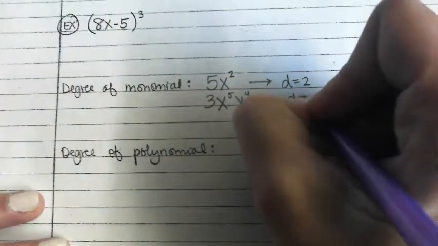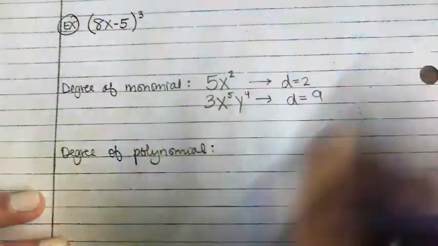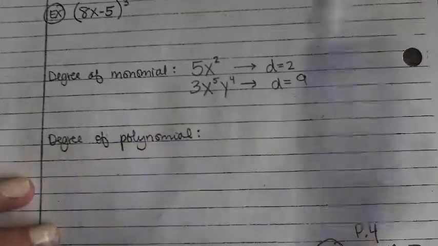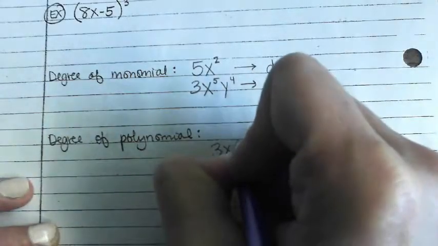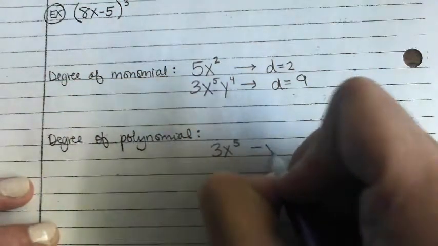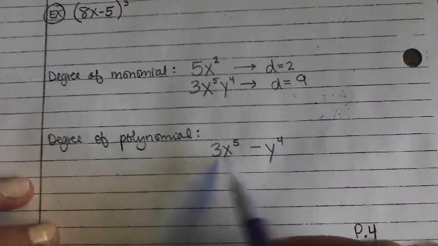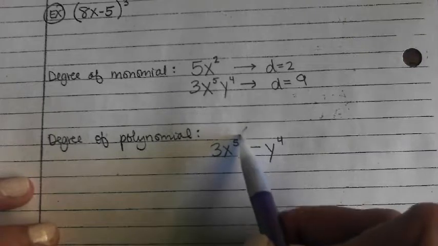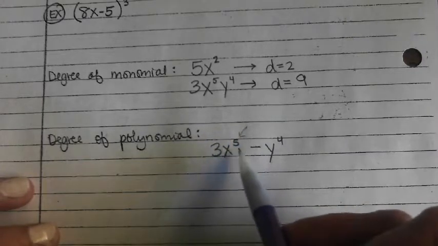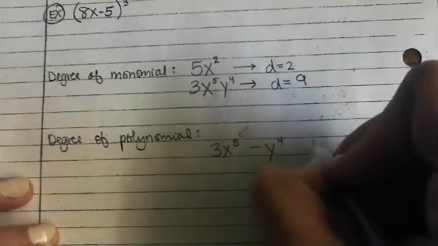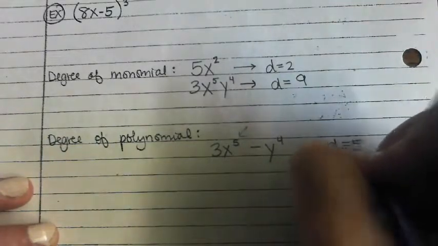Okay? So I think what we're confusing that with is in a polynomial situation, if we ever had 3x to the 5th minus y to the 4th, when it's a polynomial, you take the largest degree of any individual monomial. So this polynomial has a degree of 5.